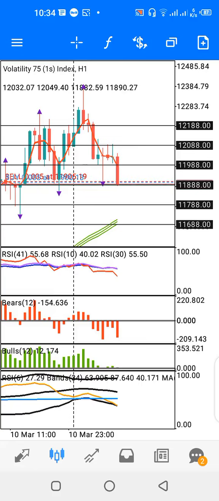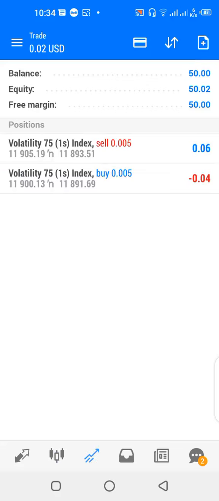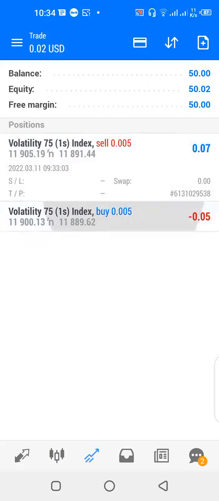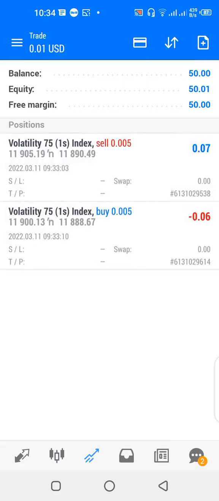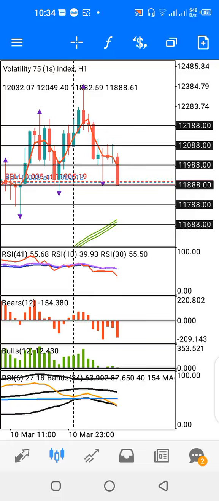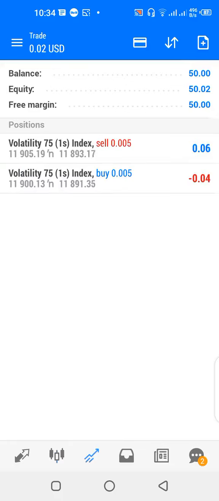Okay, now as soon as you have set the buy and the sell orders and they are running just like we have here, what you do next is to set sell stop, buy stop around these orders. Now your sell stop, buy stops are going to be your hedge trades.